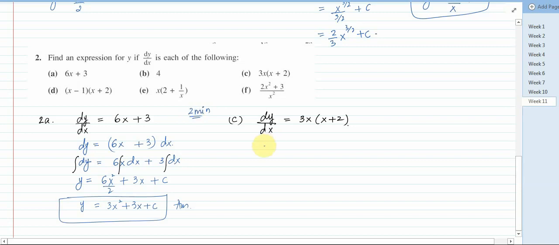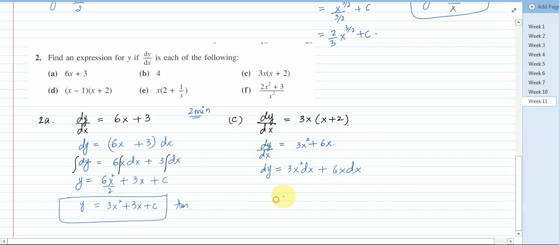Alright, so firstly I will multiply the expression, so dy by dx equals 3x square plus 2 threes are 6x. After that, dx will be written with both of them as we had done here, so dy equals 3x square dx plus 6x dx.